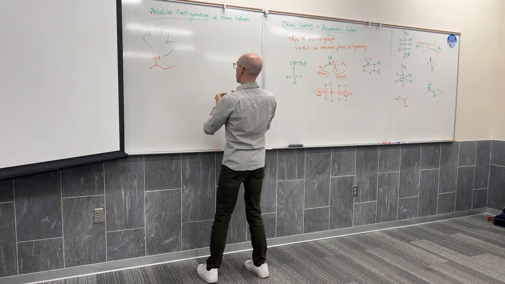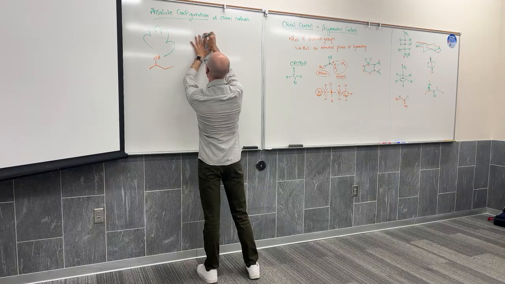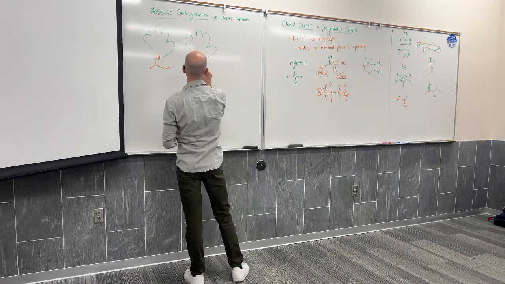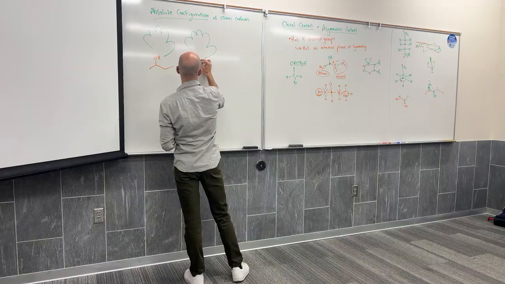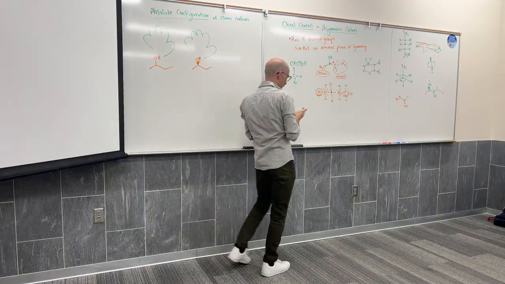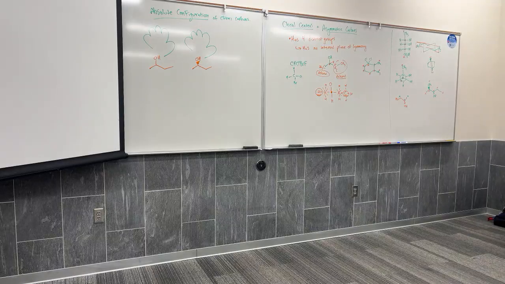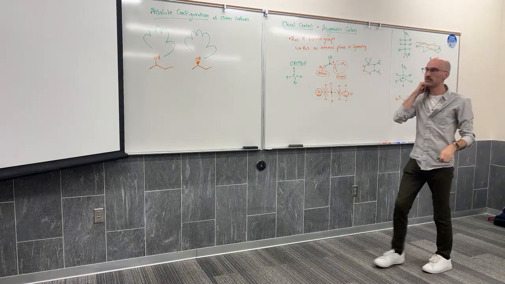But now if I redraw this, and I make that alcohol a wedge, it is distinct. It's a different molecule than if that alcohol was dashed. They take up space equal but opposite.